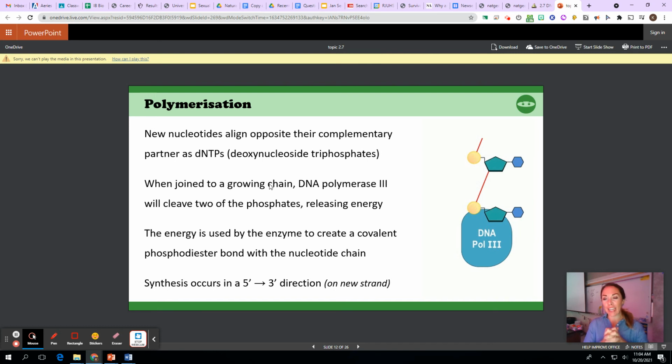So the new nucleotides align with their complementary bases, and they partner as deoxynucleotide triphosphates so that they're lined up. Then when they're joined to a growing chain, the polymerase cleaves those phosphates, releases energy, and that energy makes the covalent bond, the phosphodiester bond, between the phosphate group and the nucleotide chain. I feel like that one needs a visual. We'll look at that in class, all right?